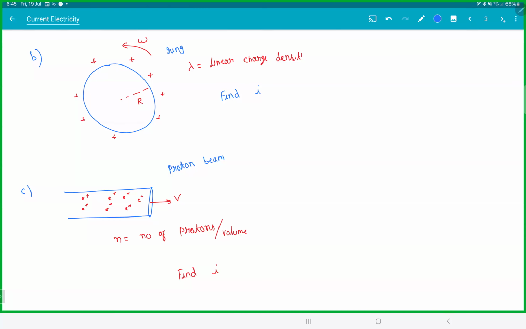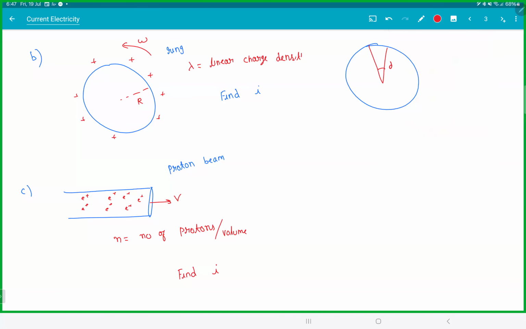Yeah, you can say that. What can we do? We can do the same thing, total charge by total time, or you could do like this also.